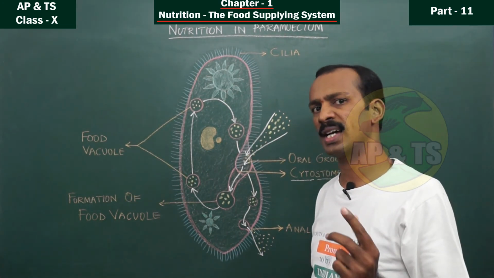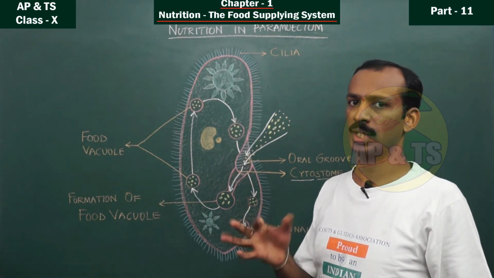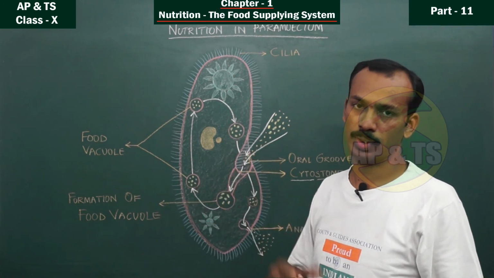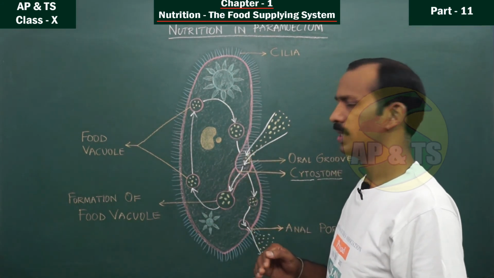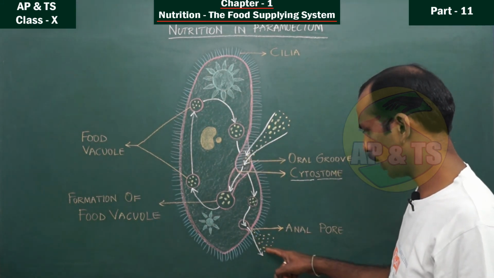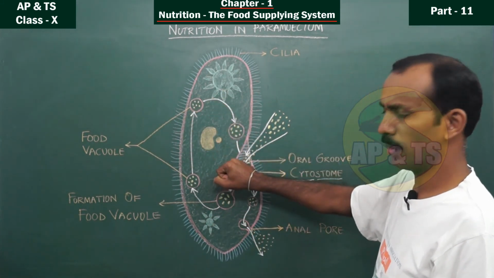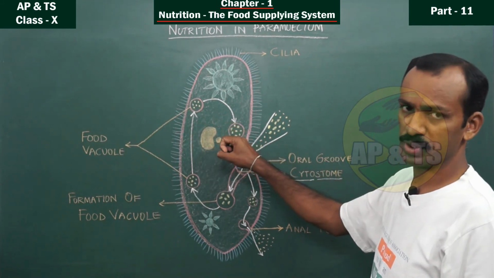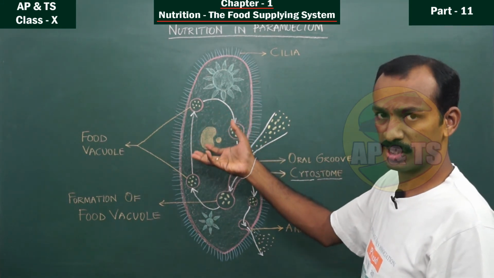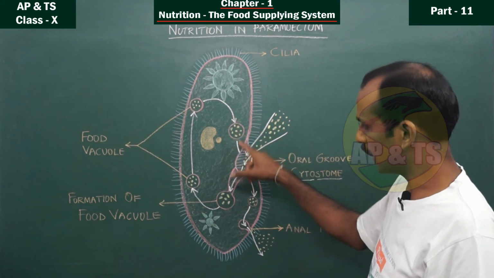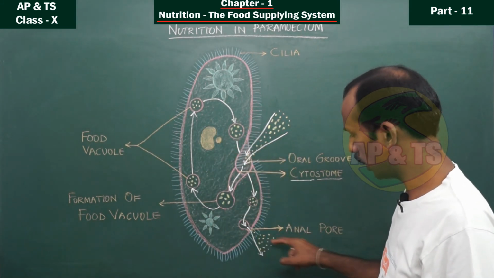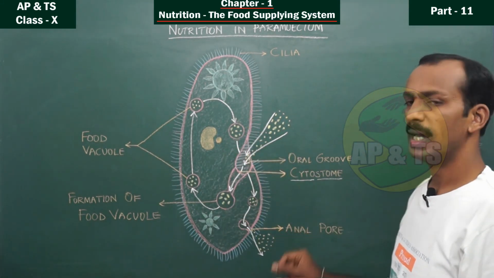Then the last step, that is egestion or ejection. Egestion means sending waste material outside. Undigested material is sent out of the body. Useful material is absorbed, that is absorption. Then after that it is utilized, that is assimilation. Later the undigested material is sent out, that is egestion.